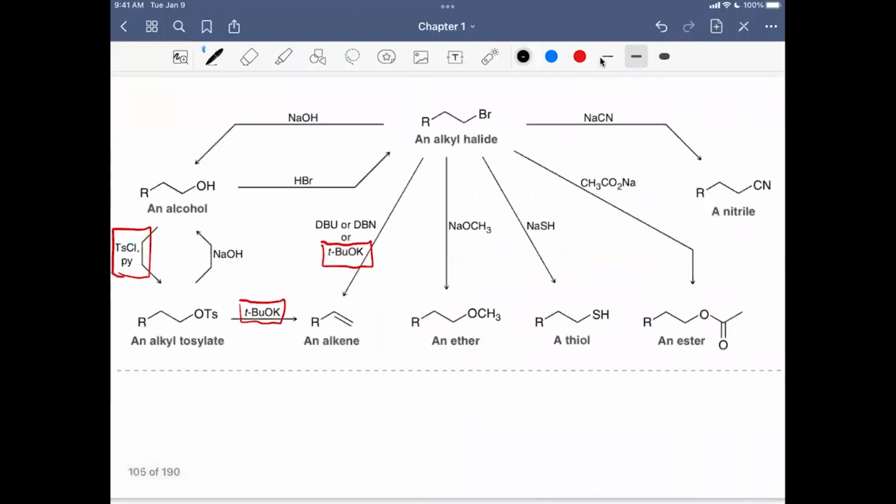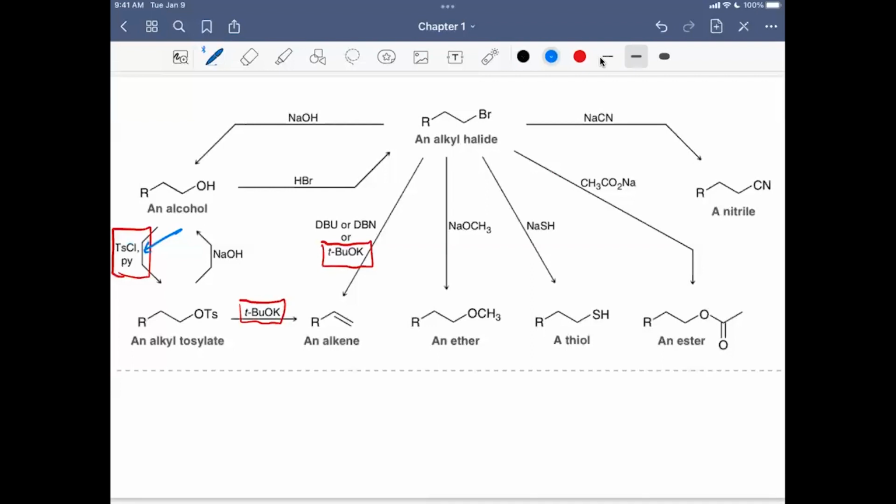All right, so this is a good diagram of what you'll see with substitution and elimination and the different reagents. I highlighted here the ones that I didn't share yet. Well, I already shared the tert-butoxide, and that's where you're substituting in on the least substituted carbon. But another one that you'll see is TsCl with pyridine.